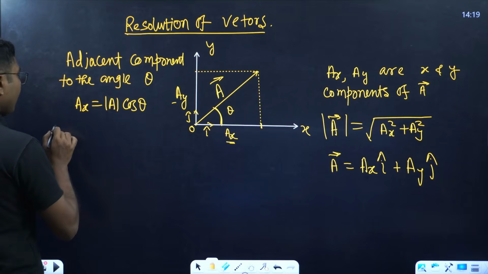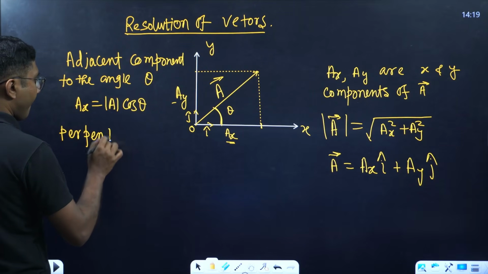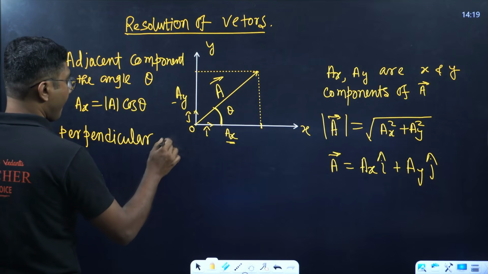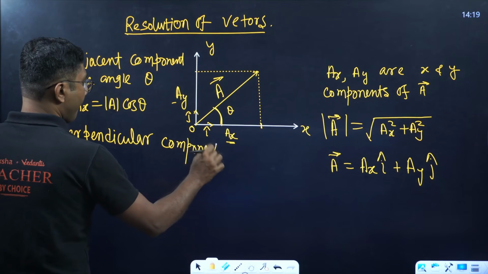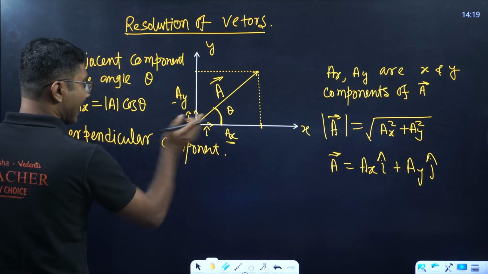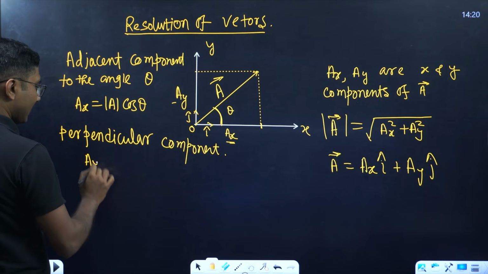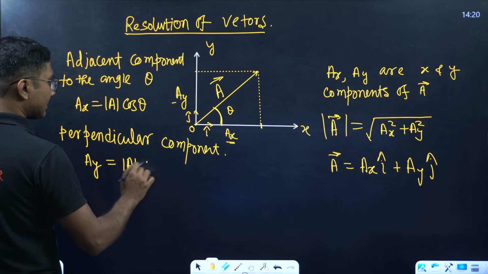And if this is the adjacent side, this is the perpendicular side. In this particular case, this is ay, that will be given by a sin theta.